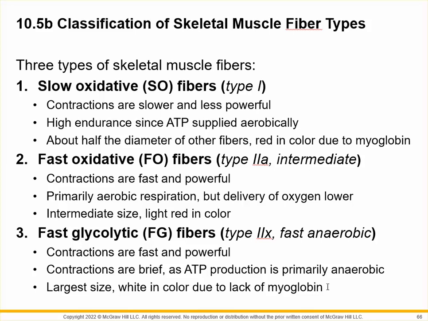So if you decide to take up weightlifting, especially powerlifting, the fast glycolytic fibers are the ones you're going to be using the most, and so they're the ones that are going to hypertrophy. And you're going to bulk up. If you take up marathon running, you're not going to bulk up.